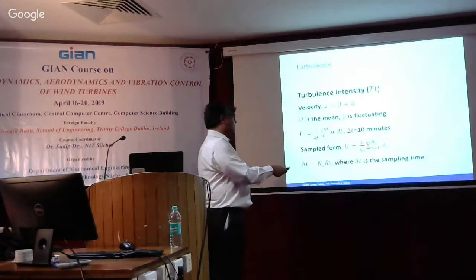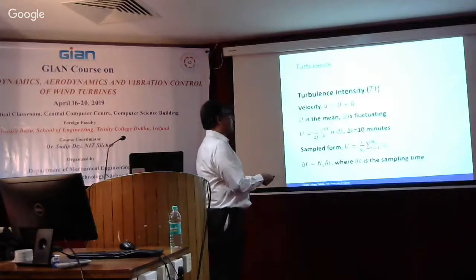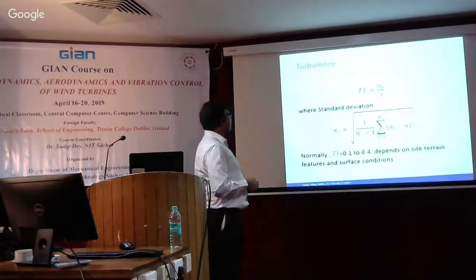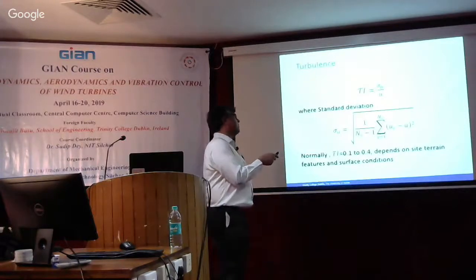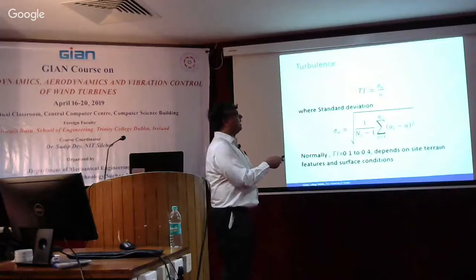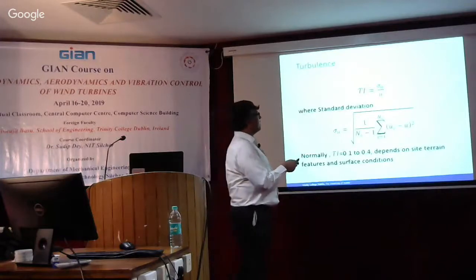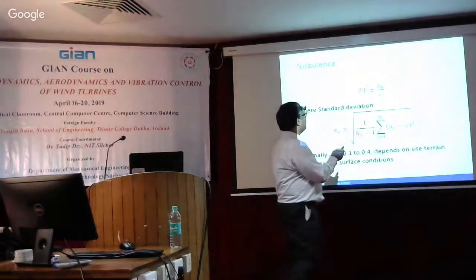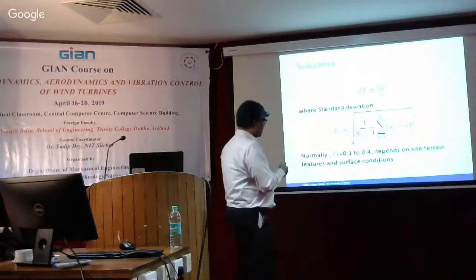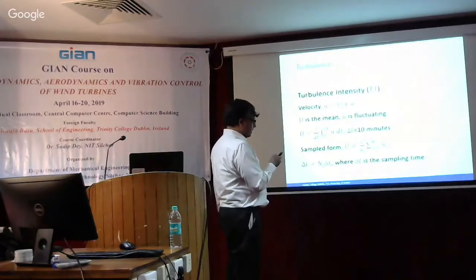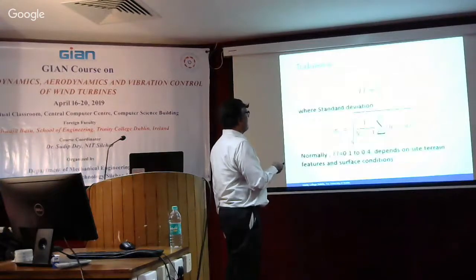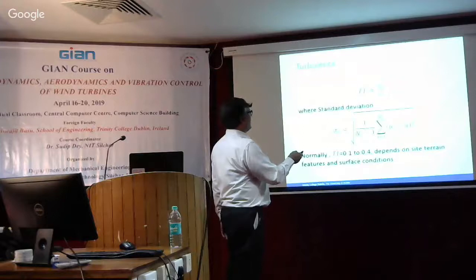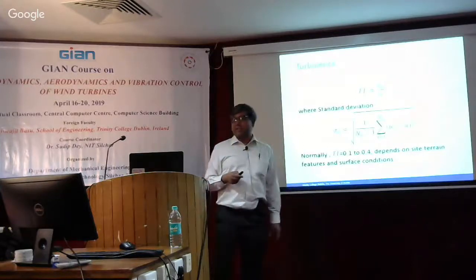In a sample form, you can write it like this, where delta t is the sampling time, so it's the same thing, but just in a discrete form. And yes, as I said, the turbulence intensity is defined by sigma u divided by the mean value of u. Sorry, there is a typo here again. I think this should be u bar, or let me check. No, sorry, here the mean value is capital U, so this should be capital U. Let me just make a small change here.